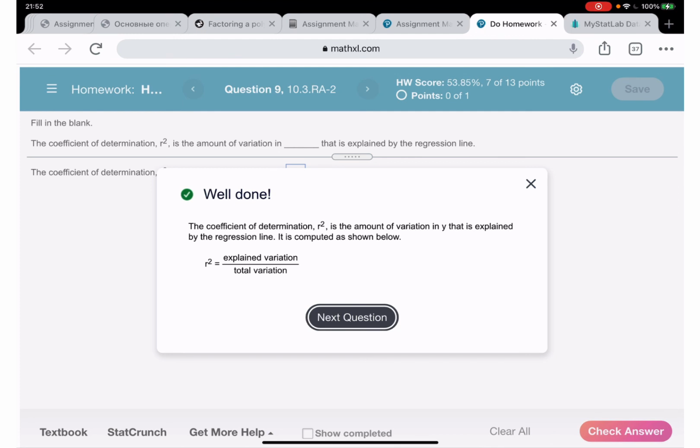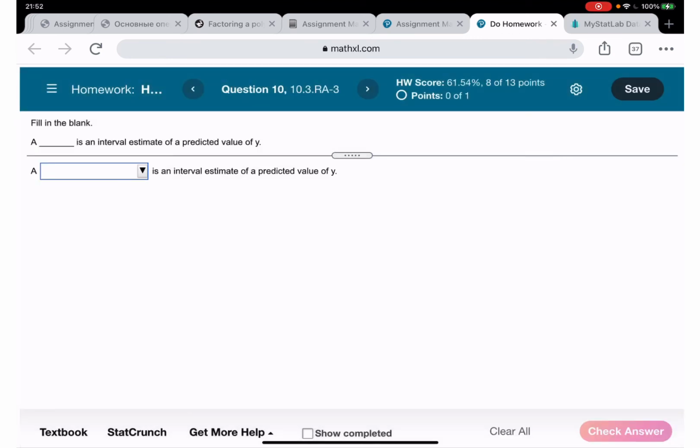Question number 10. Okay, what do we have here? It is an interval estimate for a predicted value of y. Okay, what interval is that?